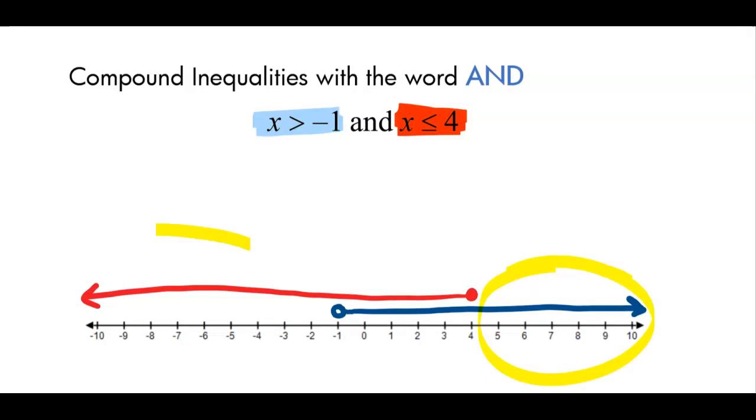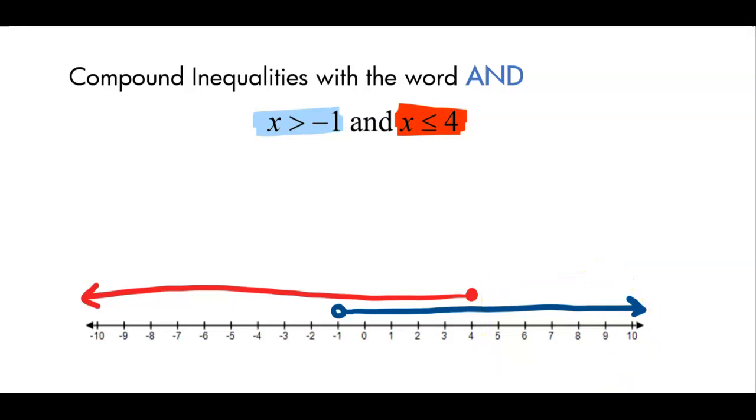And we have numbers way out here that are less than 4, but are not greater than -1. And so this is like the people who are in Spanish club, but not the soccer team. These are the people who are on the soccer team, but not in Spanish club. We're only interested in where those two things overlap. We need both of these things to be true in order to have the word "and" in between.